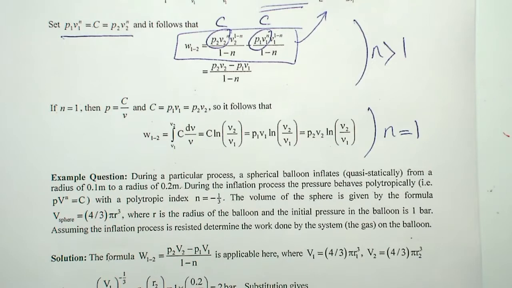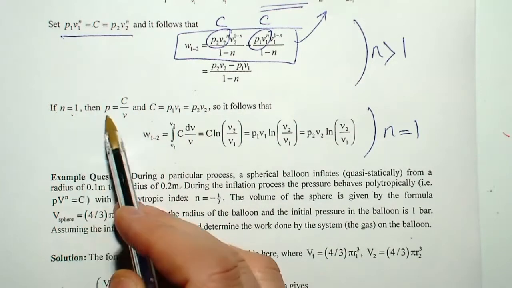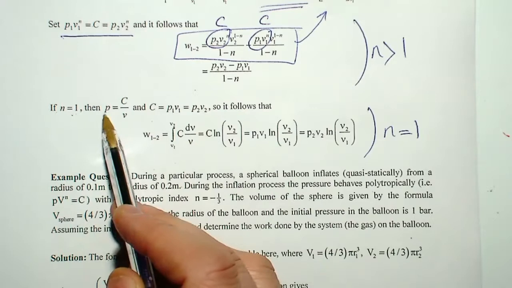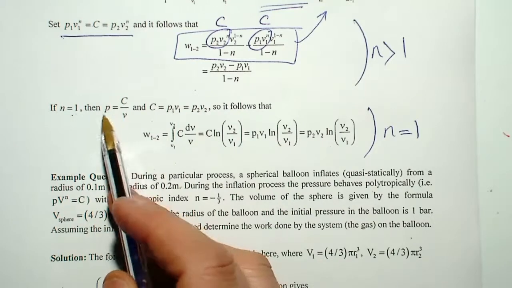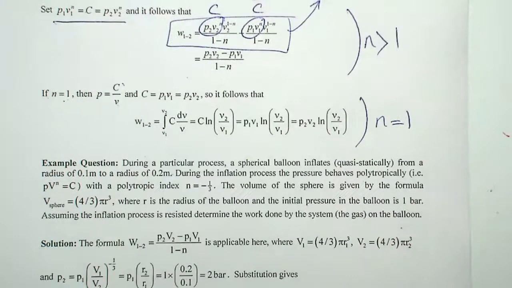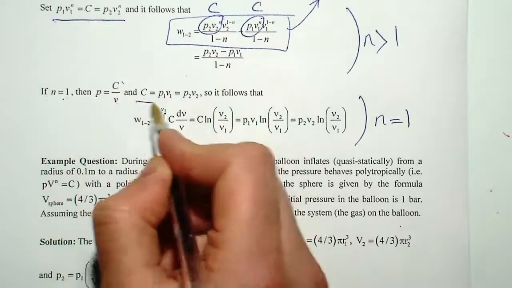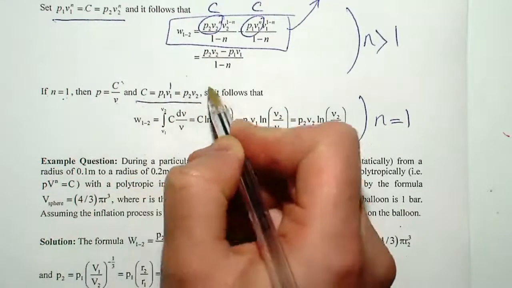So let's make sure we understand that when n is equal to 1, because we have PV equal to a constant, therefore pressure can be written as constant over the specific volume. And similar to what we had here, the only difference now is that obviously n is 1.